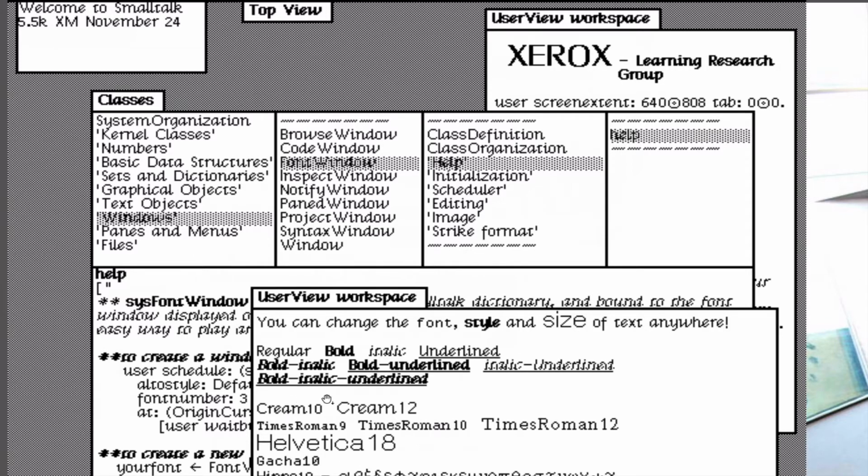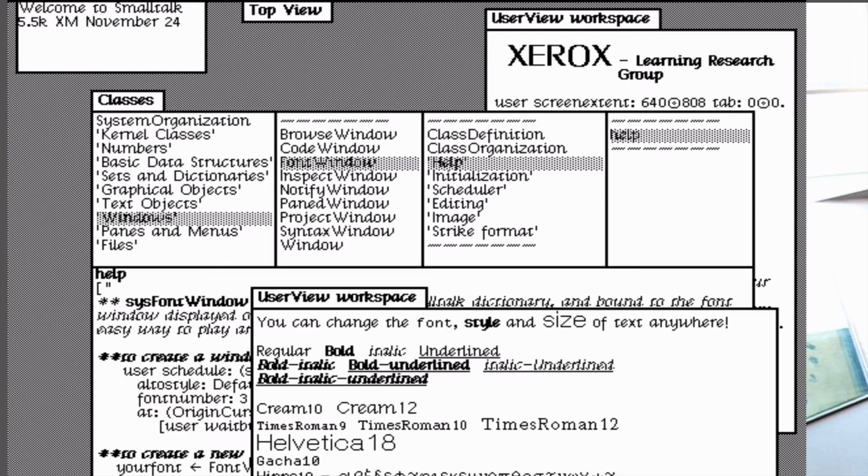And because of the limitations of bitmap technology or raster technology, if you wanted to have a typeface in multiple sizes, like here we see cream 10 and cream 12, what that means is that they had to have separate files in each size. So say if you wanted Times Roman, you would have to have separate files for 9 point, 10 point, 12 point, and etc., because raster type did not scale.